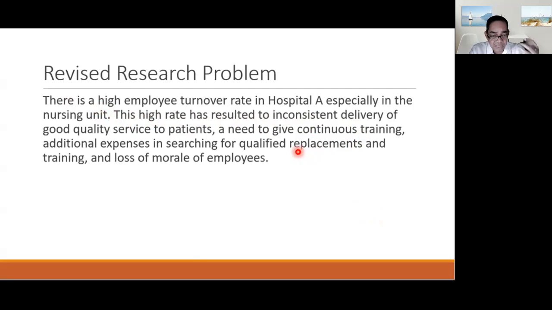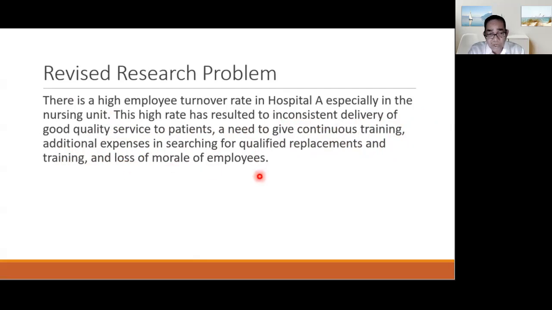It should state specifically what the problem is, and the problems were stated very specifically. High turnover rate, resulting in inconsistent delivery of good quality service, need to give continuous training, additional expenses in searching for qualified replacements, training, and loss of morale of employees.